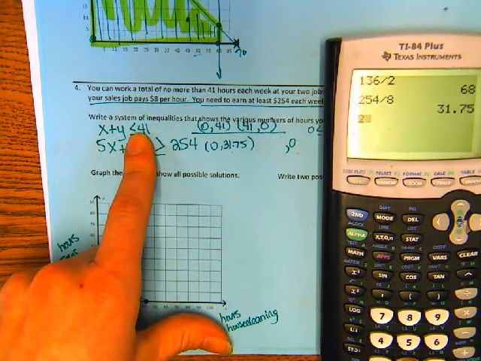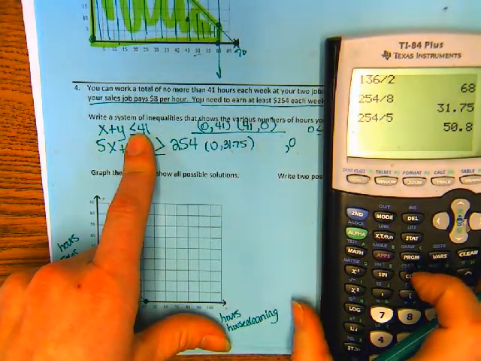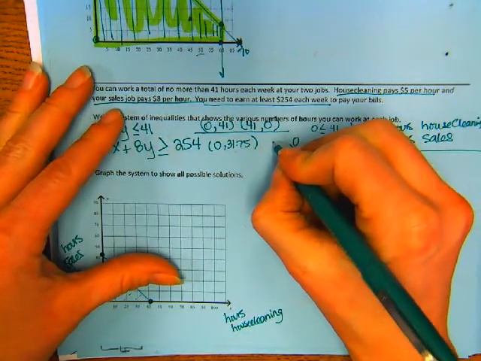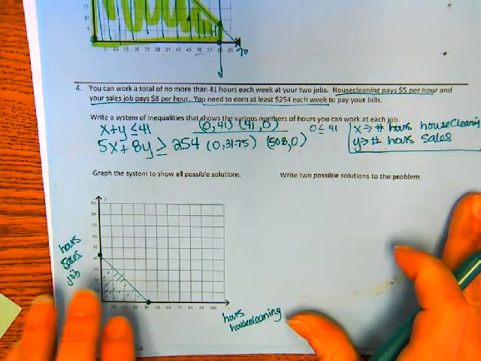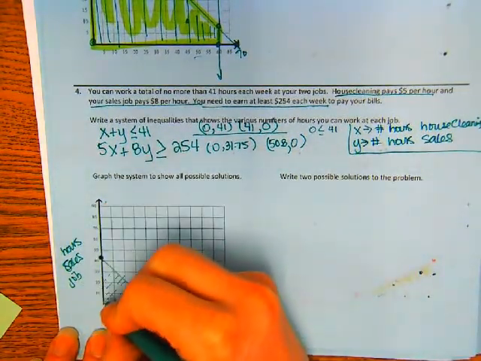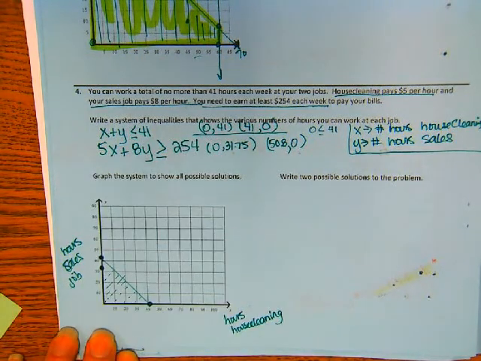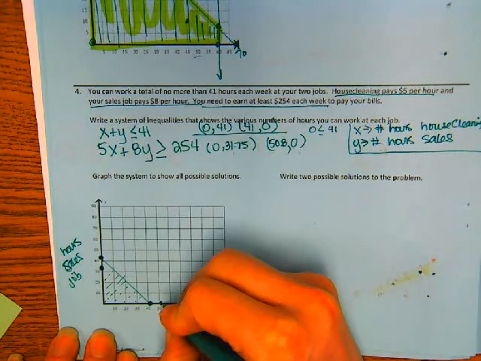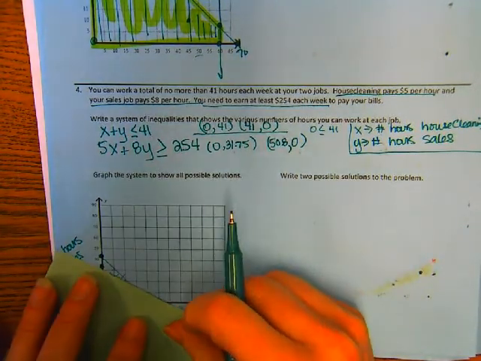If you put 0 in for Y, you'd be looking at 5X equals 254. 50.8 for X. So let's graph that. So here's approximately 31.75 and 50.8.